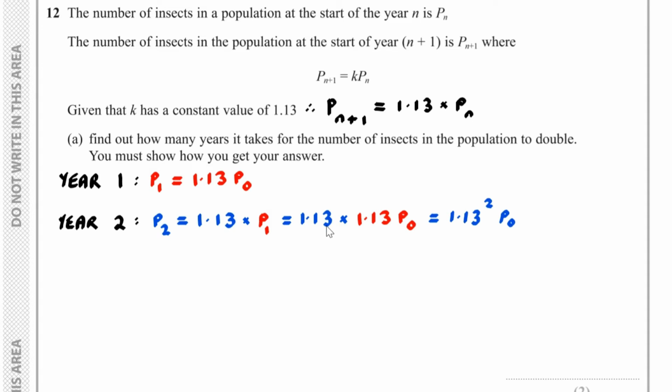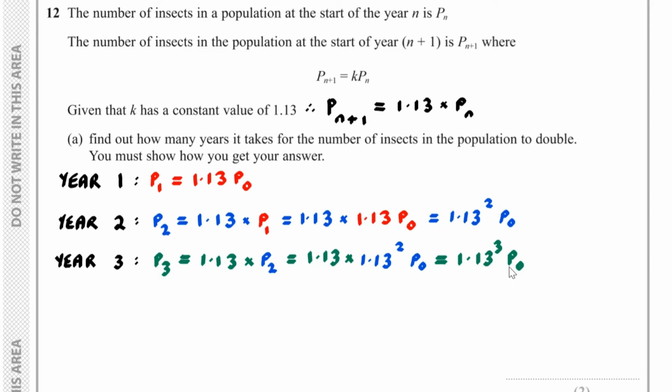In other words, 1.13 squared times P0. In year 3, we've got P3 that will equal 1.13 multiplied by P2. So we've got 1.13 times 1.13 squared times P0. In other words, we've got 1.13 cubed times P0.